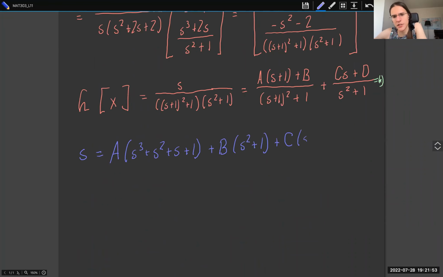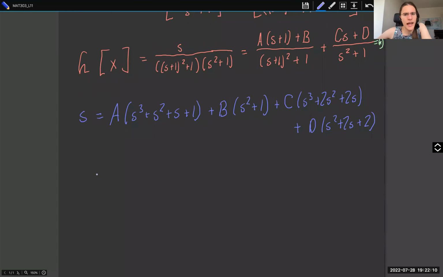So S cubed plus 2S squared plus 2S, plus D times S squared plus 2S plus 2. And so the highest order is S cubed. So we're going to get A plus C S cubed plus A plus B plus 2C plus 2D.